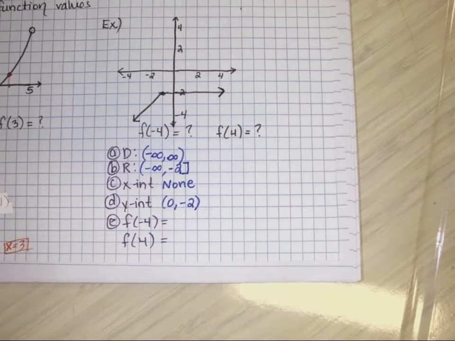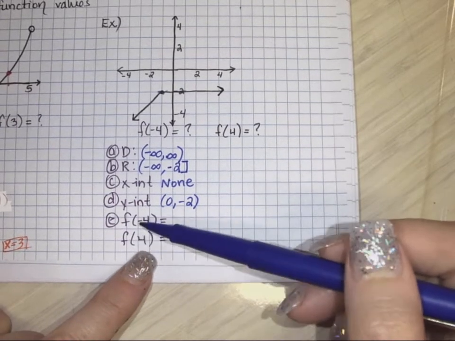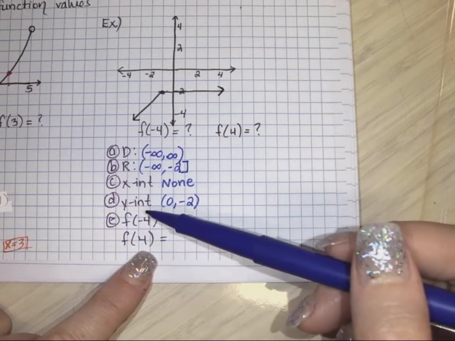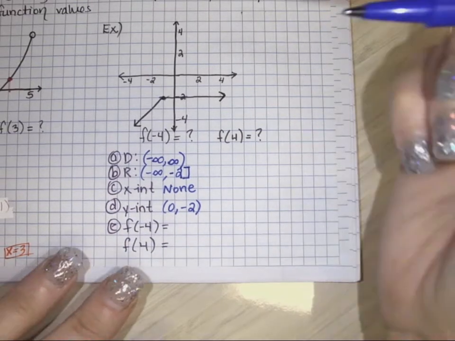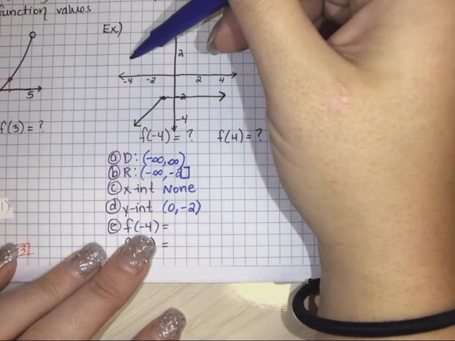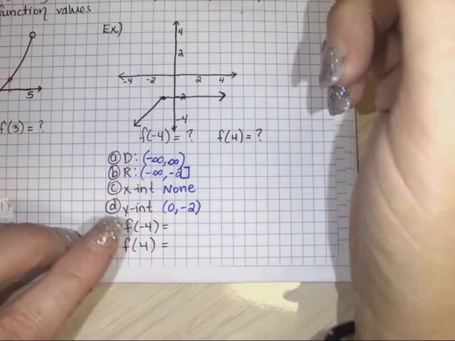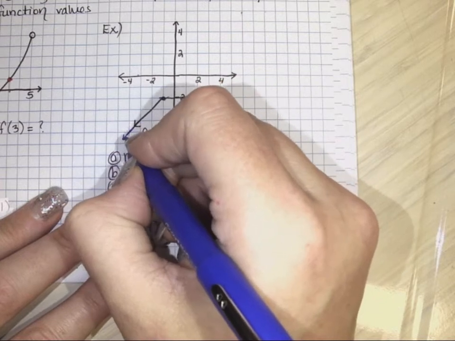And last but not least, let's find the function values at f of -4. These are your x's that they give you. So go to the x-axis, then you're finding your corresponding y value. -4. Go to where your graph is at. My graph would actually be passing through this point if I extend it on out.